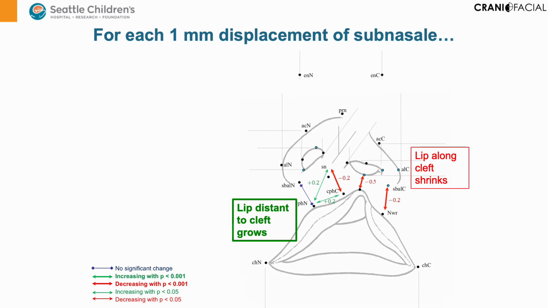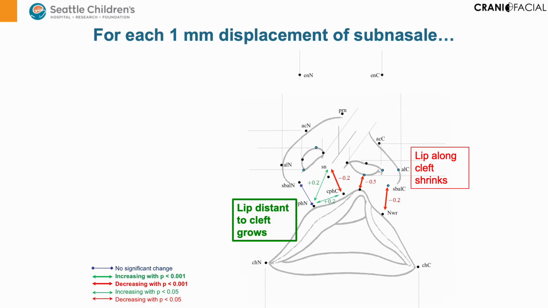For each 1 millimeter displacement of subnasale from midline, these are the changes in dimensions. In green is growth, and in red is shrinkage, and those are statistically significant values. In terms of the lip, it's as expected. The more severe the cleft, the shorter the tissues become along the sides of the cleft. There's hypoplasia here. But what hasn't been recognized is that there's some green away from the area of red.